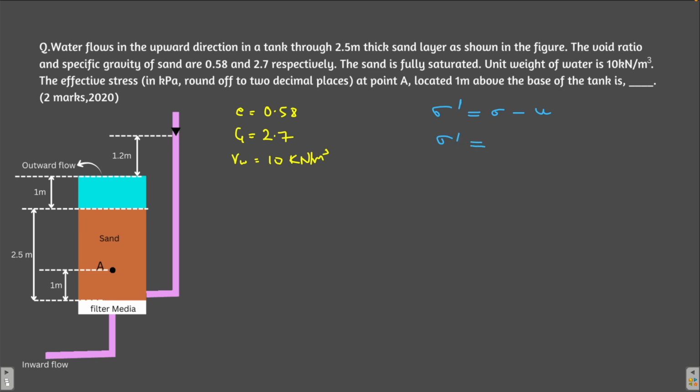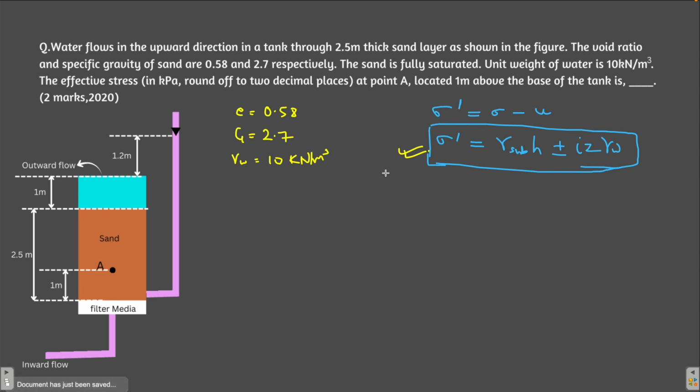Effective stress is calculated as gamma submerged of the soil into height, whatever height is acting, plus or minus i_z gamma W. This is the formula by which we calculate the effective stress. If anyone is having any doubt regarding this, from where we are getting this formula, they can go through my lecture on seepage pressure, and that will help you out. The link of that lecture, you will get it in the description box as well as in the I button.